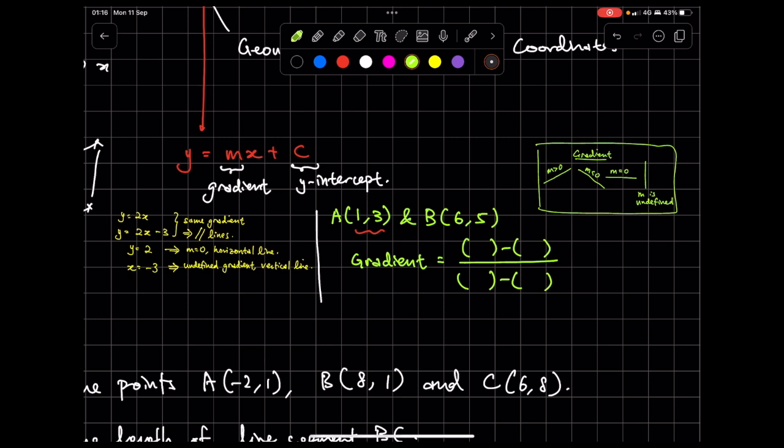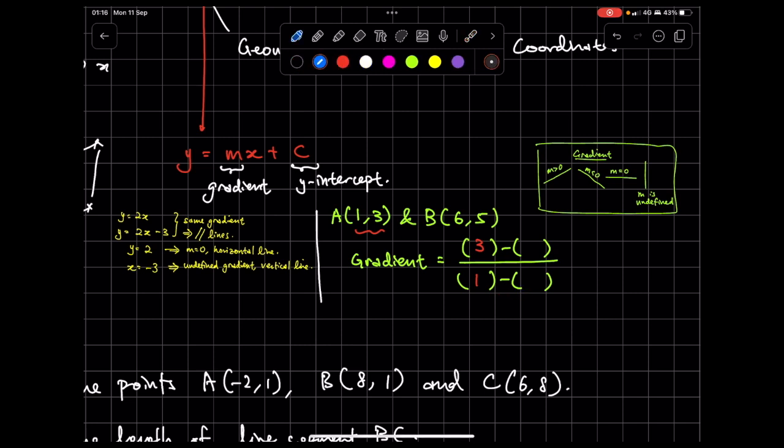I take this y value, put it on top, x value below. The reason I put the y value on top and x value below is because gradient is rise over run. It has to do with vertical over horizontal.